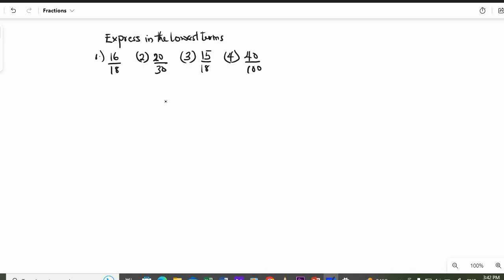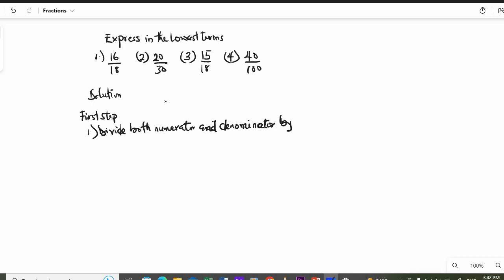Now remember, the solution: the first step is to divide both numerator and denominator by their common factors.